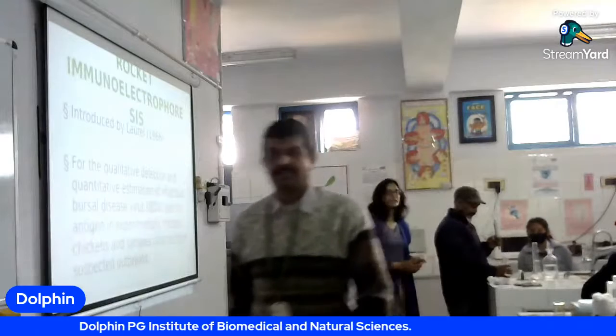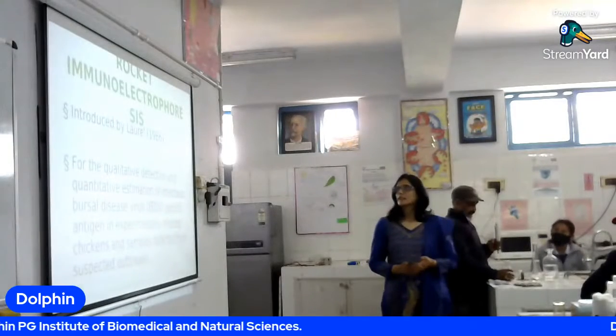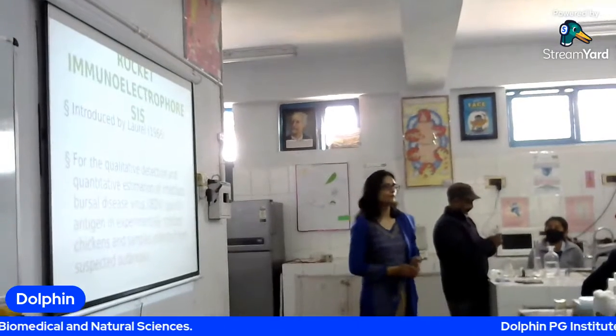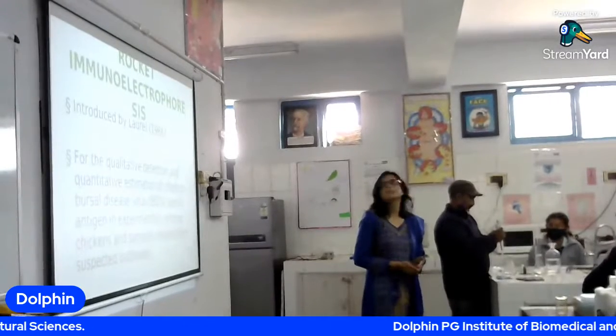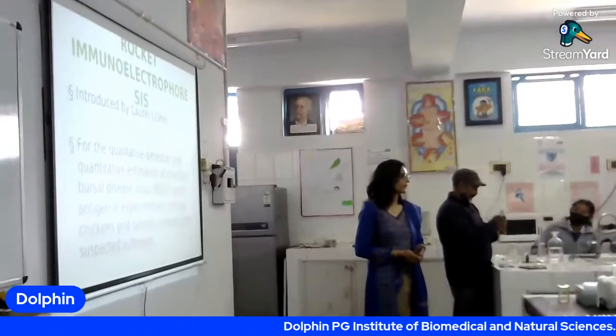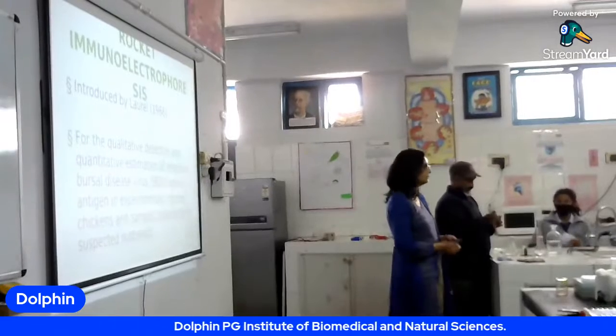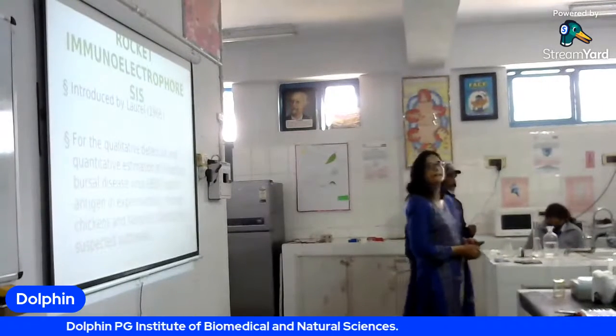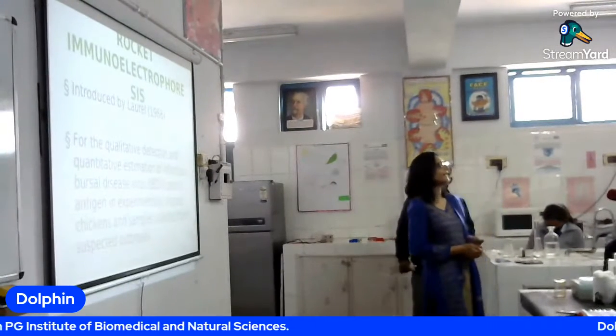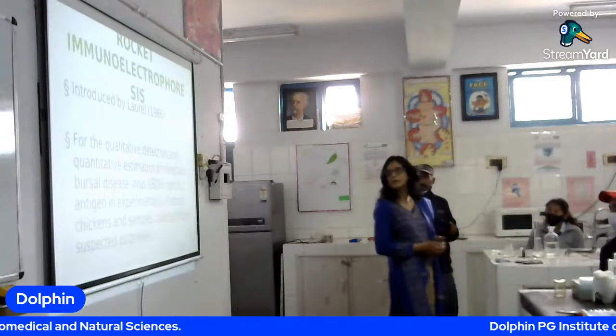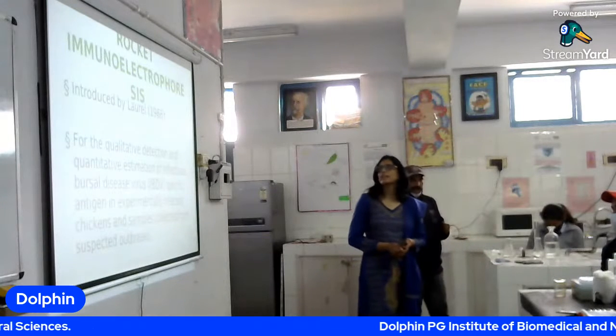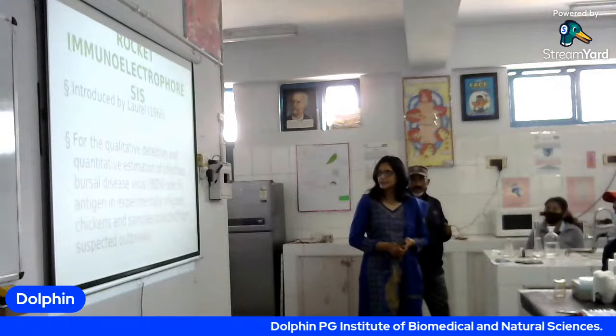So this technique was introduced by Laurell long back in 1966. जब Laurell ने इसको introduce किया, he carried out this technique for the detection and estimation of a virus. That virus is the infectious bursal disease virus.